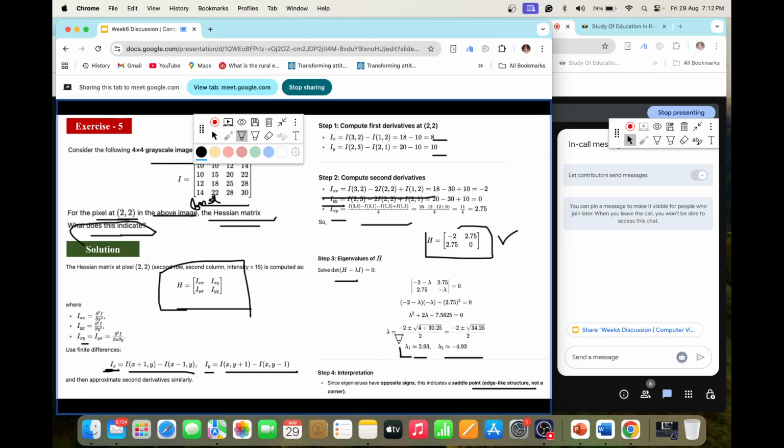One lambda is very large, that is positive 2, and in the other direction it is negative 4.3. That is why the point is an edge-like structure. The important thing is to get step 1 and step 2. Step 1 we actually do not require; even if you only remember step 2, you can get the Hessian matrix. So this thing you have to remember.